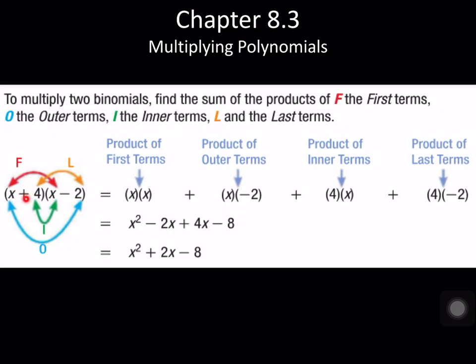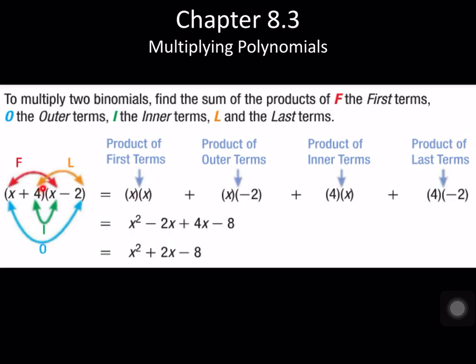Here's what that looks like. x plus 4 is being multiplied by x minus 2. Your first terms are your x and x, so they get multiplied together to get x squared. Your outer terms, the x and the negative 2, multiplied together give us negative 2x. Inner, 4 times x is 4x.